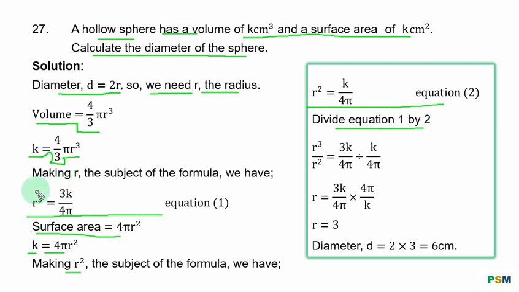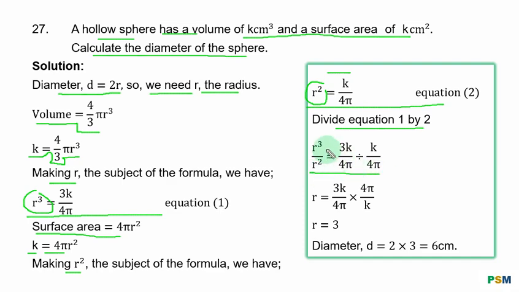This is first side of equation 1 divided by first side of equation 2 equal to second side of equation 1 divided by second side of equation 2. You have it in this form.